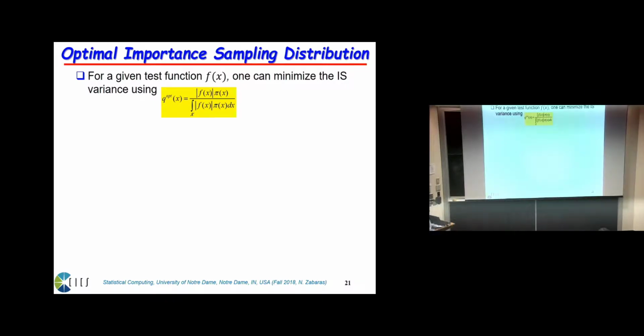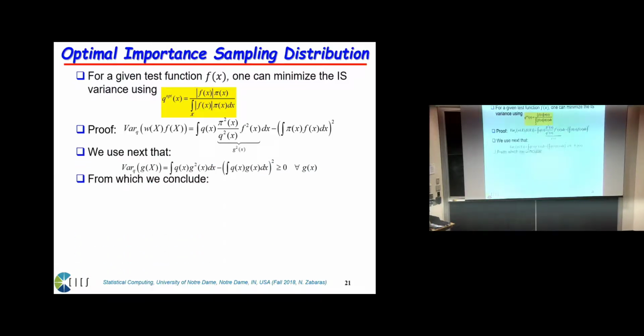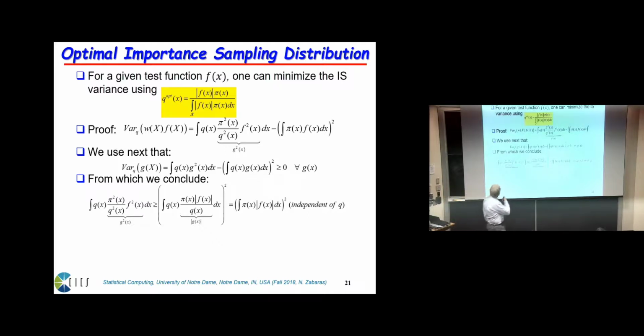How do you compute this? The calculation, again, you know what? I know I do lots of proofs, etc., because otherwise these things will make no sense. Really what you need to do is take the variance of the estimator, and you remember the variance of the estimator is the variance with respect to Q of W times f, right?